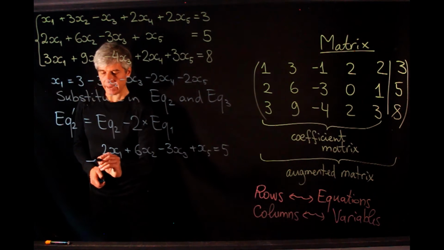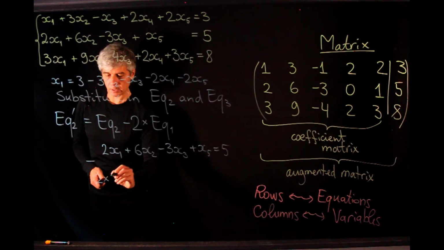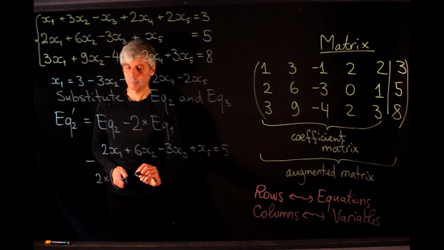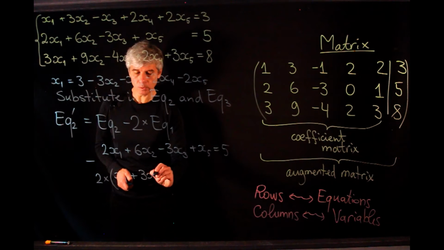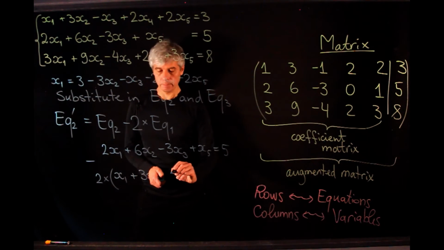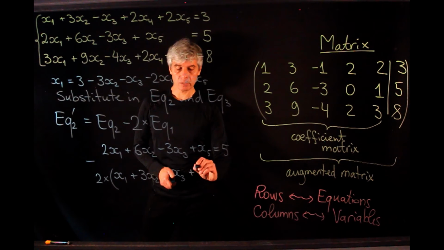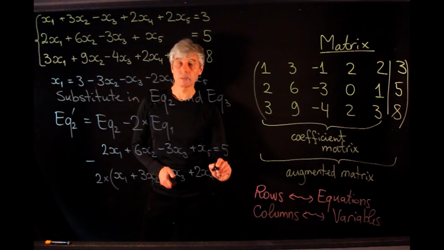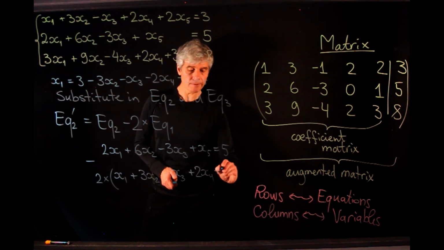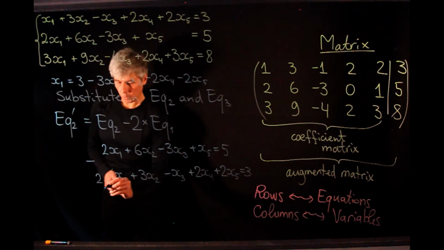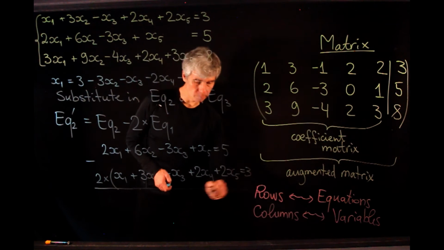And we subtract 2 times equation 1, which is x1 plus 3x2 minus x3 plus 2x4 plus 2x5 equals 3. So what will be the result of these operations?